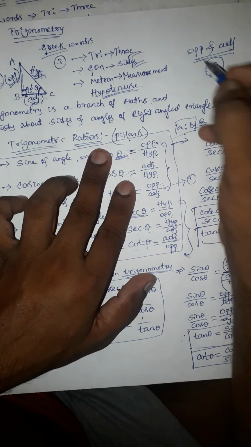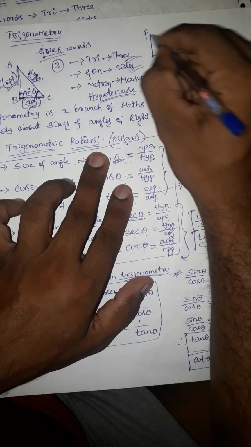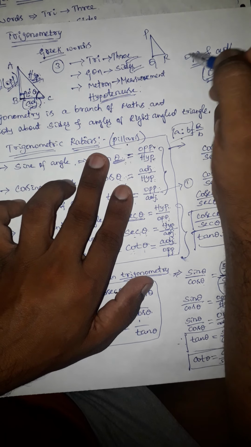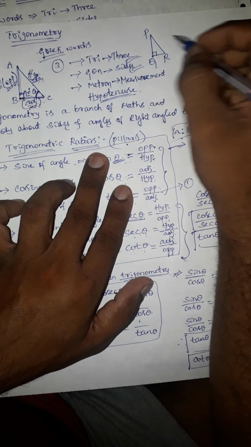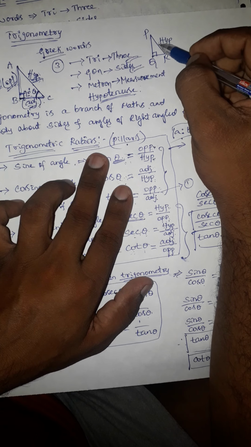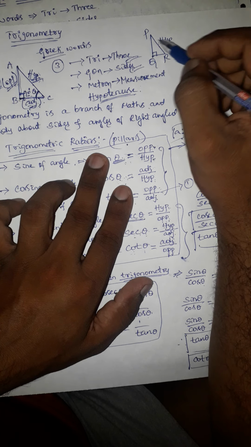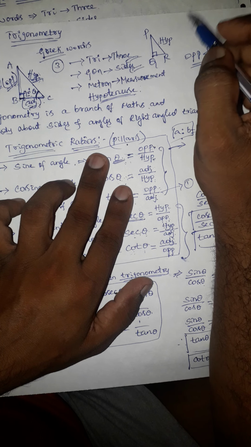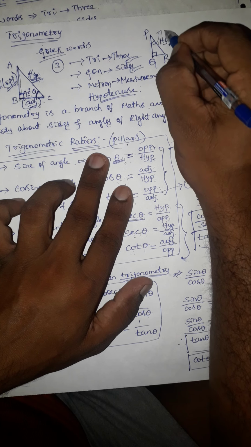Suppose I consider one more right angle triangle PQR, with the right angle at Q. Which is the hypotenuse here? PR is the hypotenuse because it is the side opposite to 90 degrees. The other two sides depend upon the marked angle. Suppose I mark P as theta.